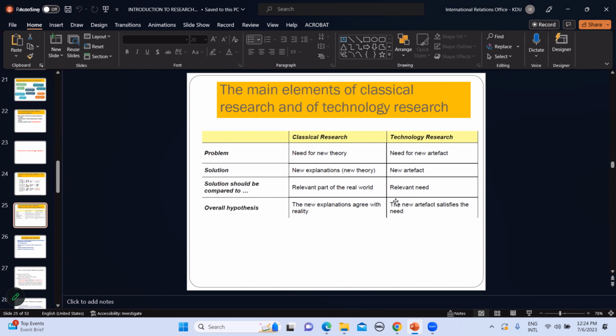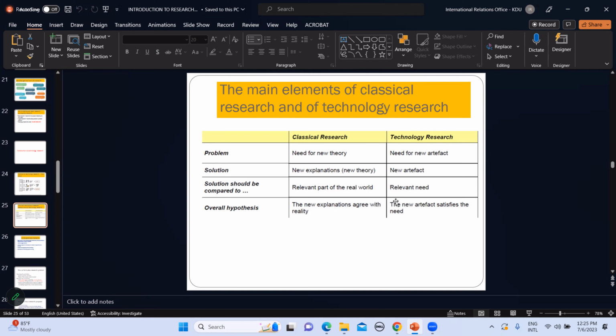Imagine the subject you learn. There are theories. Now, if you change the theory, that is the classical research. Technology research means you need to come up with a new artifact. Now for inhalation, there are inhalators in the pharmacy. In the biomedical case, when you inhale the medicine, it will not be distributed well to your nostril and your brain, your system.